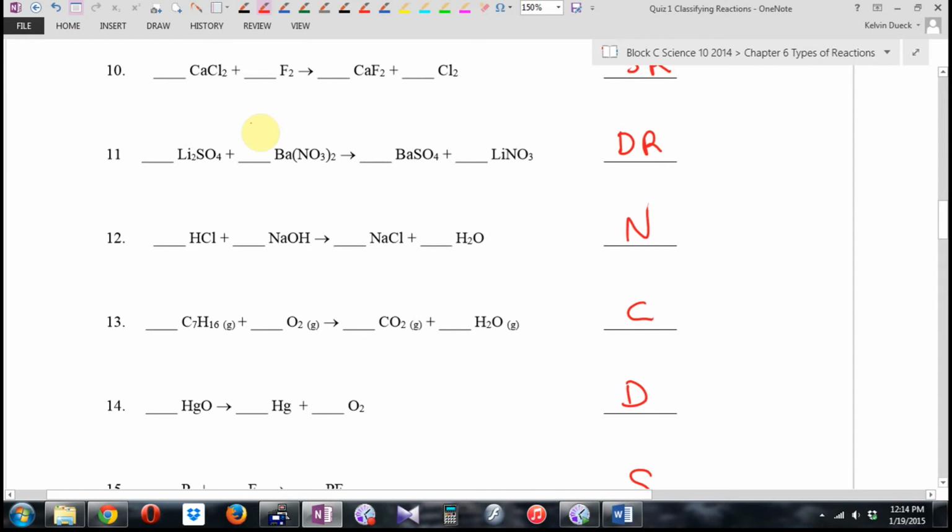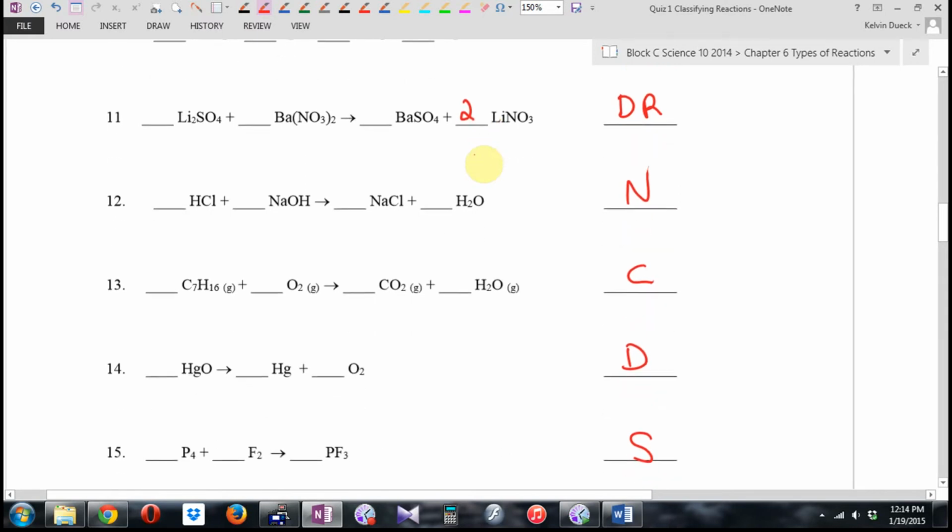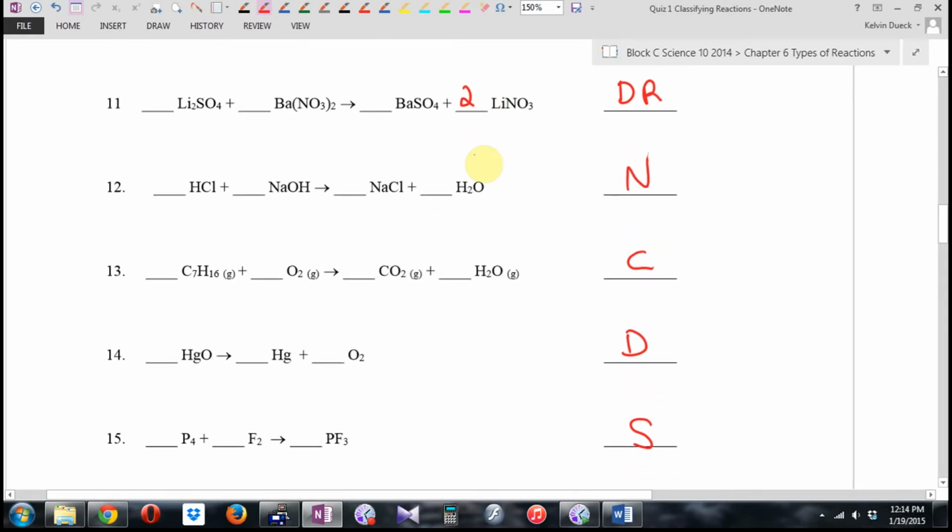Okay, I need 2 lithiums, which also gives me 2 NO3. Oh, is that just the 2 there balances it? Yes? Cool. All right, bring it on. Sodium matches. And, oh, is number 12 balanced already? Yes. Yeah.